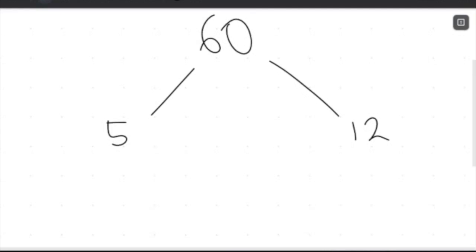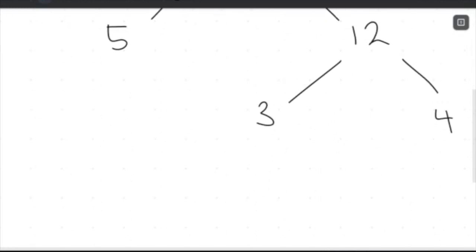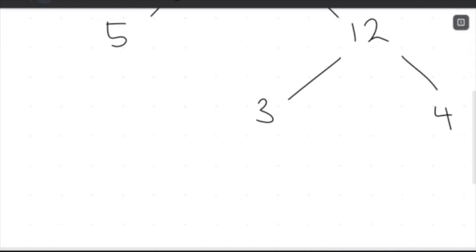So 60 I can break up into 5 times 12. Now 5 is a prime number, so there's nothing more I can do here, whereas 12 is a composite number. So I can break 12 up into 3 and 4. Now 3 is a prime number, but 4 is still composite, so we want to break 4 up into a product of its primes: 2 times 2.